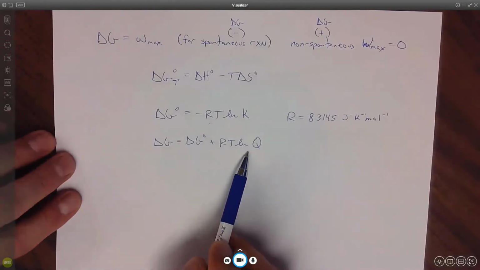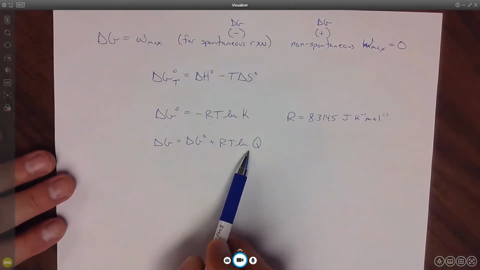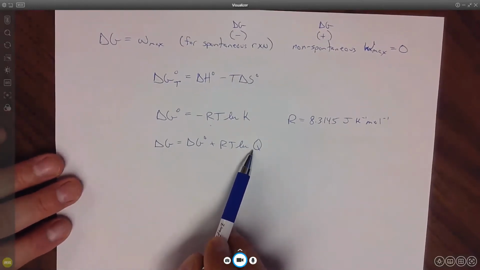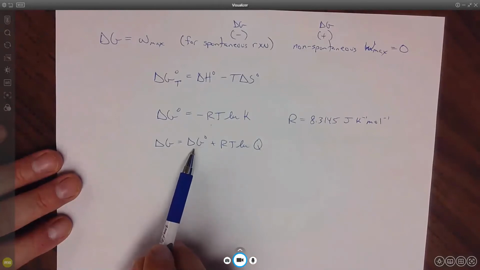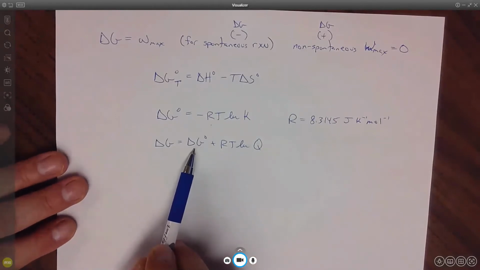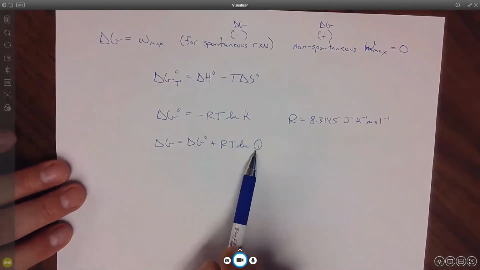So here's that reaction quotient again. So this is going to be able to tell us which way a reaction is going to go. All we have to do is calculate the standard del G and then use the initial concentrations in the chemical reaction to find Q.